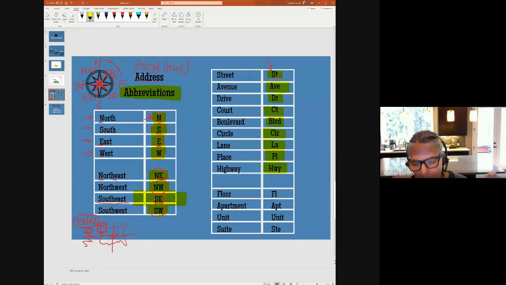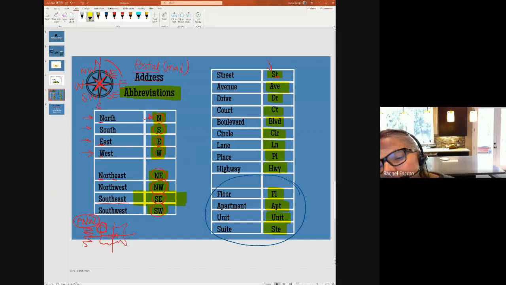And then if you live in an apartment, you have some different ways of calling your apartment or maybe the floor. FL means floor. Maybe you live on third floor. Or apartment, or unit, or maybe even suite. And then the other one I want to show you is this symbol.